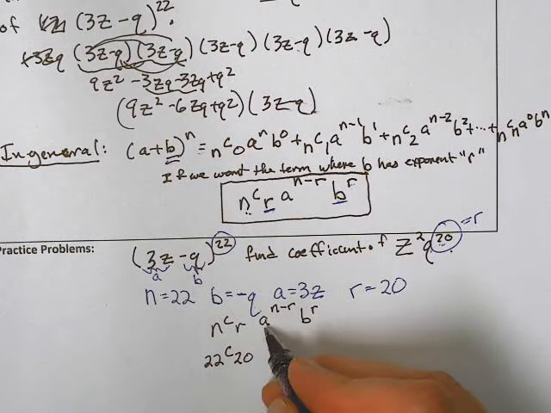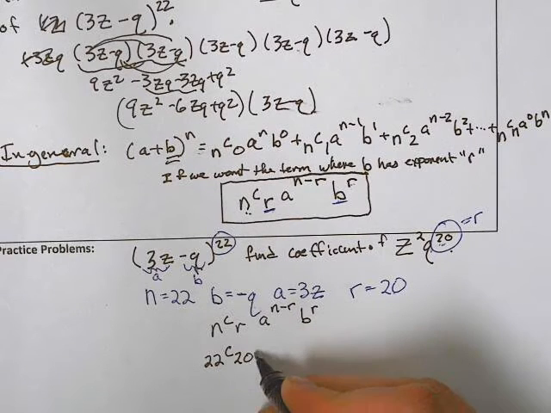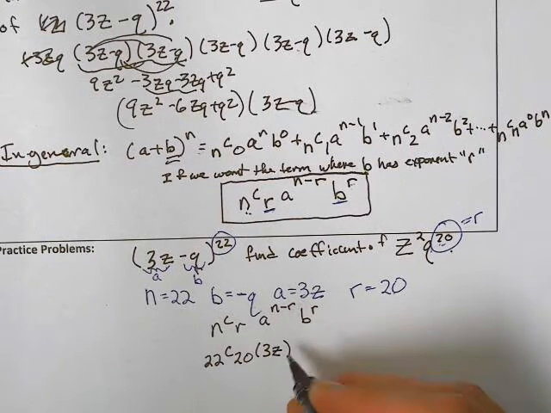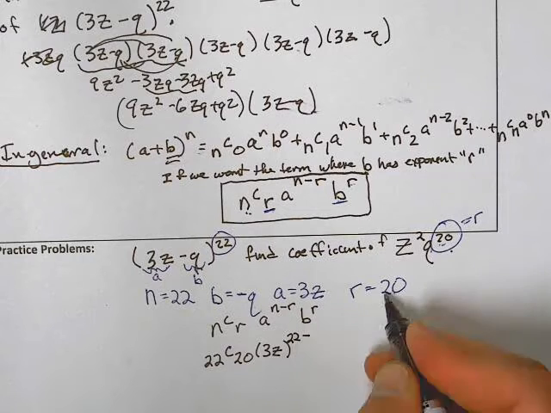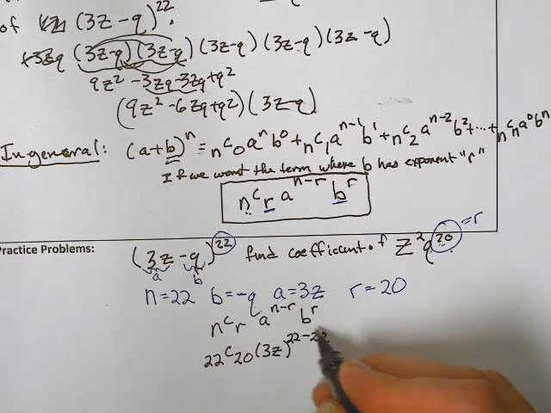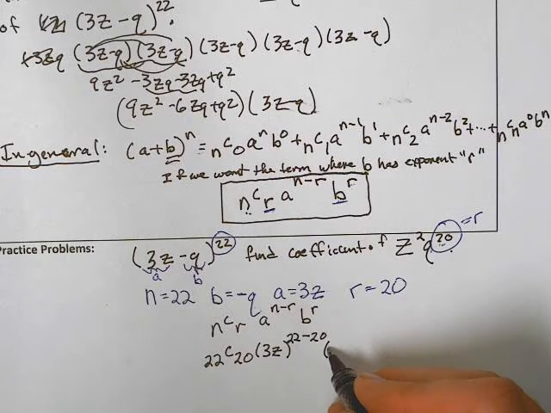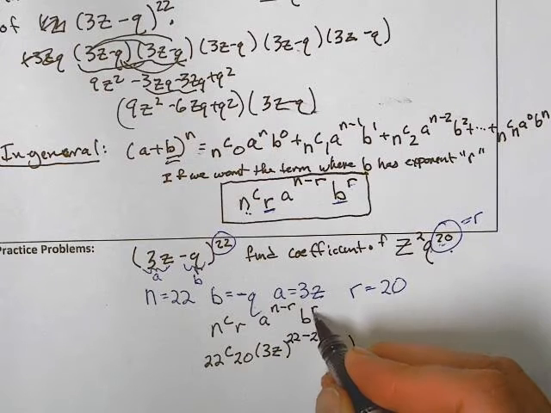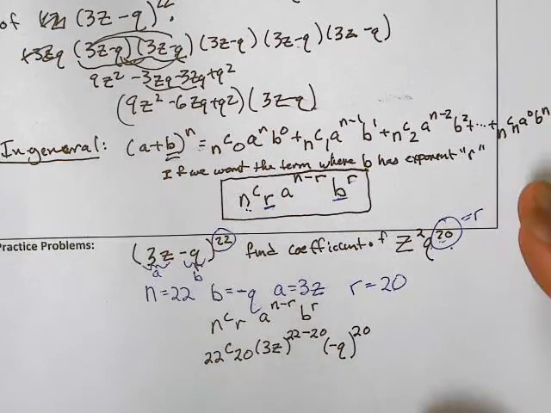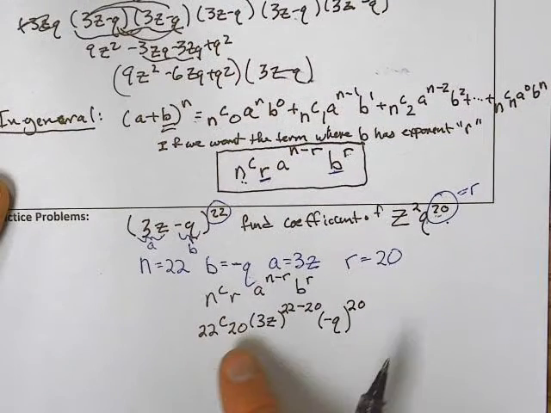Then it's the a value, which is 3z, so I got to put 3z in parentheses, to the n minus r. N is 22, minus r 20, and then it's times b to the r. Well, b is negative q, and that's got to be raised to the rth power, which is 20. So I have all of the pieces in there.